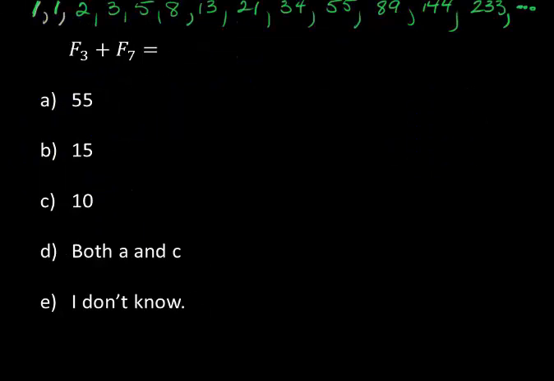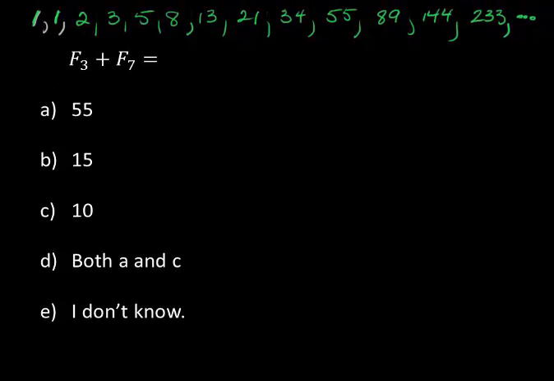Okay, so first, notice again that I have written the Fibonacci numbers at the top for you. And on any test, I will write out the first few for you. So put it on pause and see if you can solve this problem. Now I'll solve it.